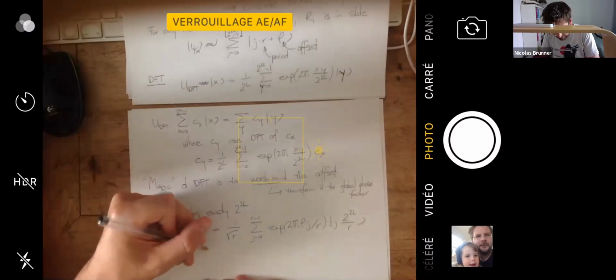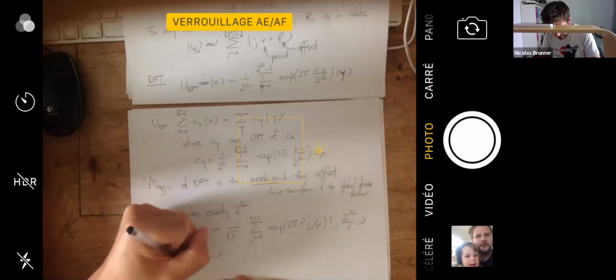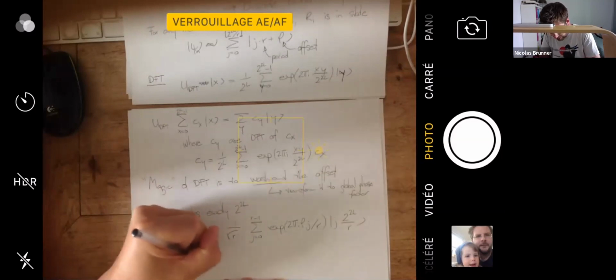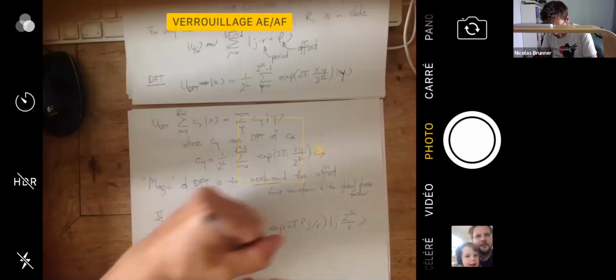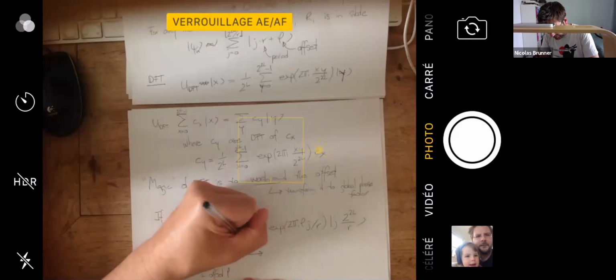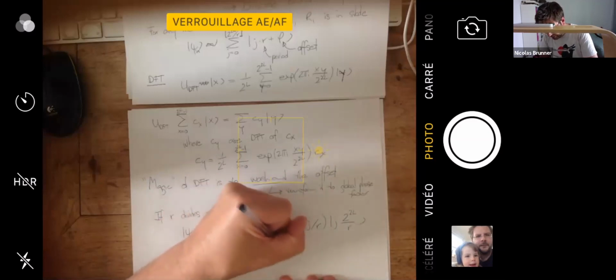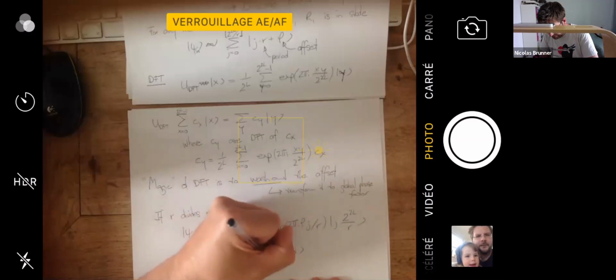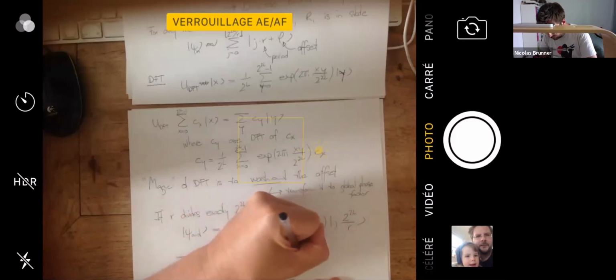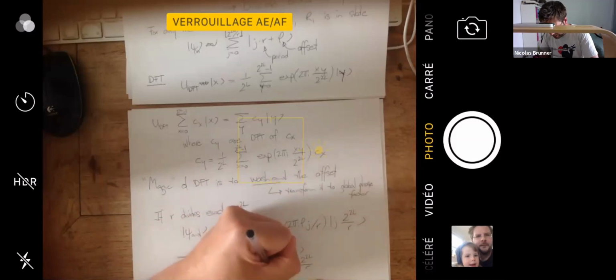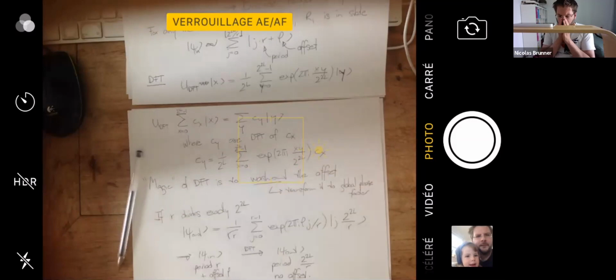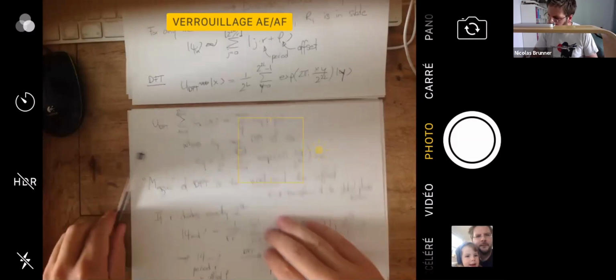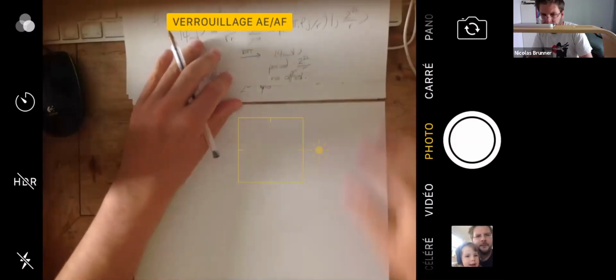So the point is, we started from some state psi in, which had period R plus offset. And then via the DFT, we obtain a psi out. And this has period 2 to the 2L over R and no offset. So one can even make a little drawing here.